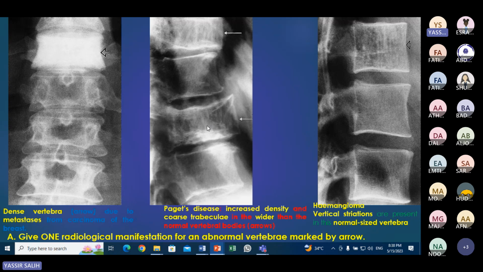Both this and this are increased in density compared to the normal others. This is normal, but this is increased density and also this is increased. There is increased density of this vertebral body compared to the other. This one is more dense, and also this and this compared to the other normal.